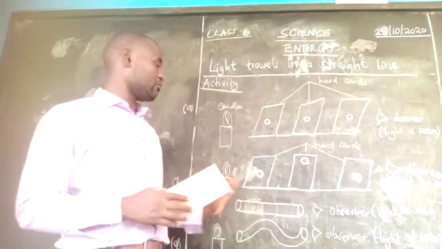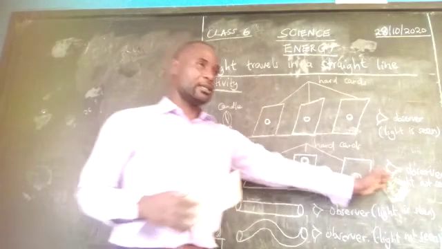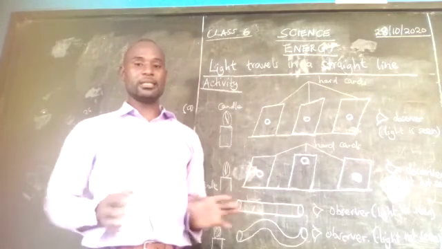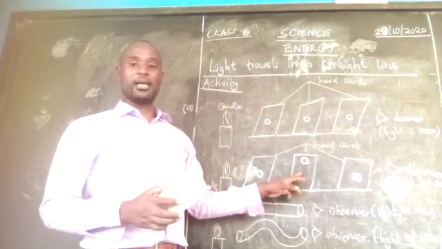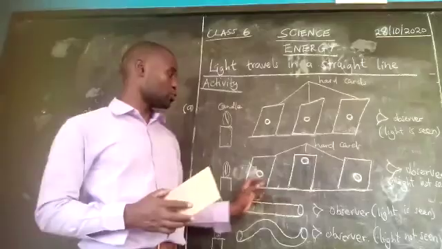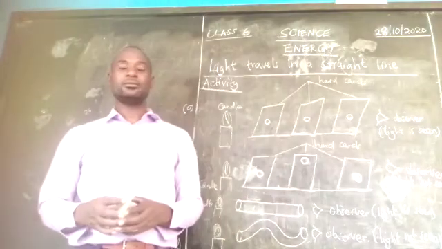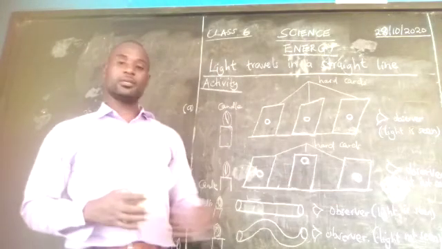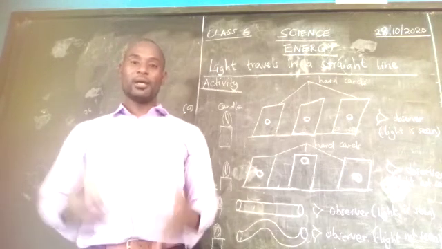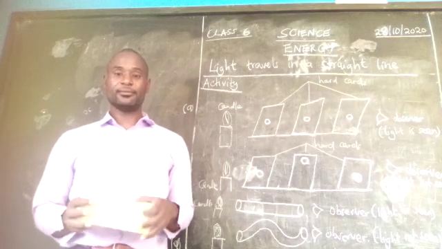So when you observe the source of light from the other end, you will realize that you are not able to see any light because the middle card is blocking the light from the source through the last hard card. So the second diagram is simply making us prove that light travels in a straight line.